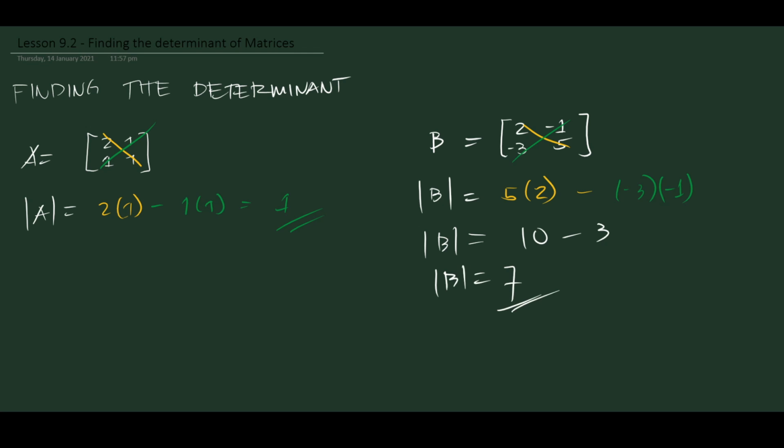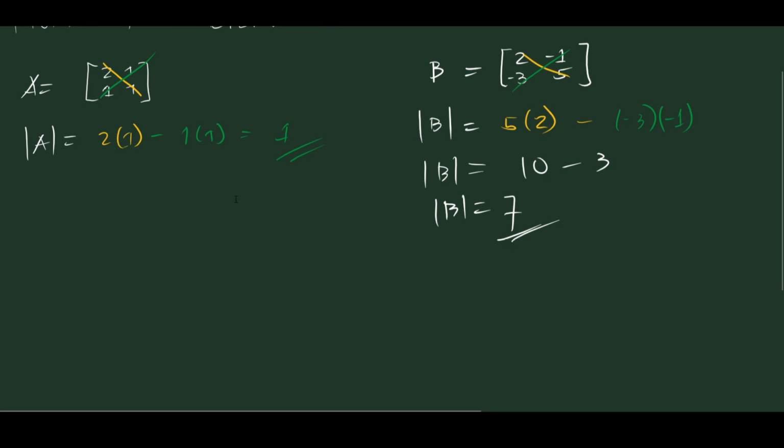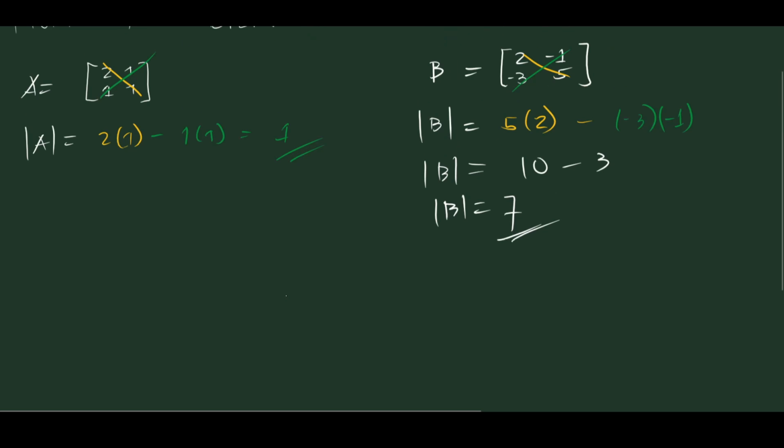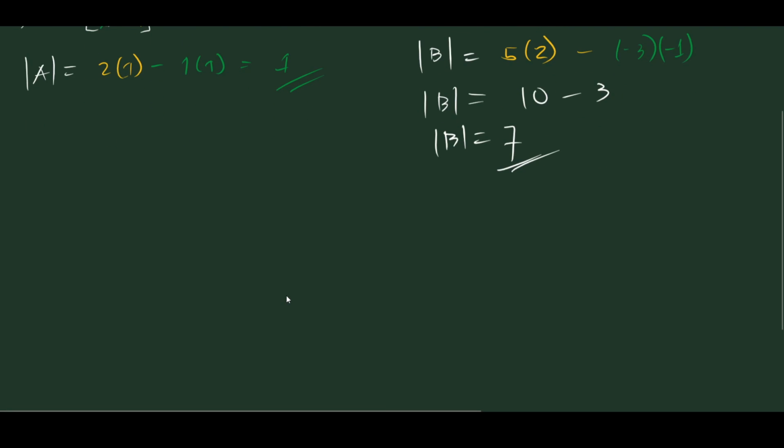Okay, so that's very simple for 2 by 2 matrices. It gets a lot harder as the dimension of the matrix expands. So let's go to a 3 by 3 matrix. There are many ways to get the determinant of a 3 by 3 matrix, and there are many shortcuts available online.